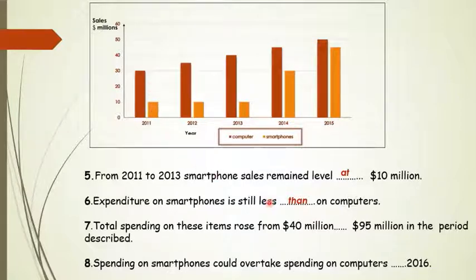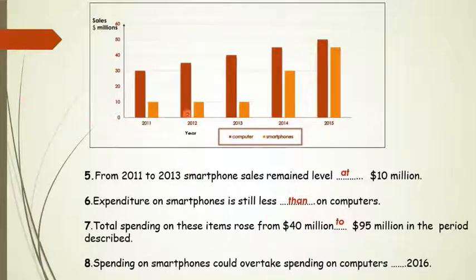Now 2015, computers 50 million and smartphones 45 million. So the total becomes 95 million. Okay, well, so total spending on these items rose from $40 million to 95 million in the period described.